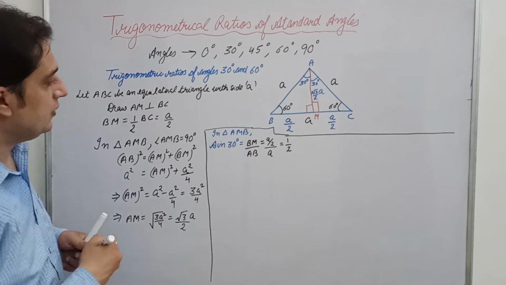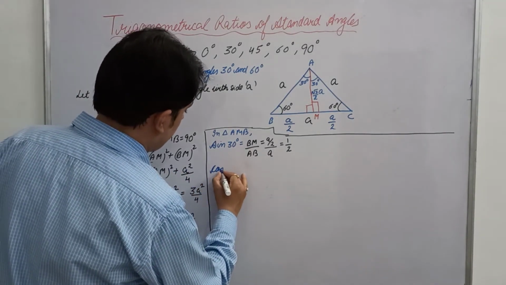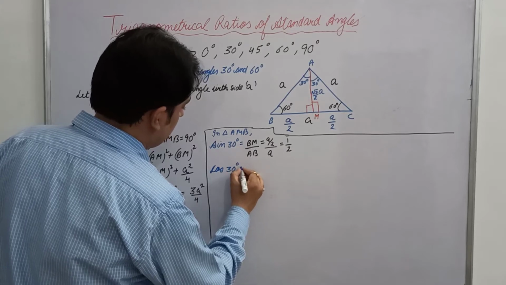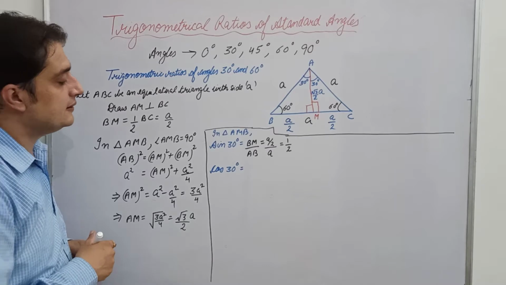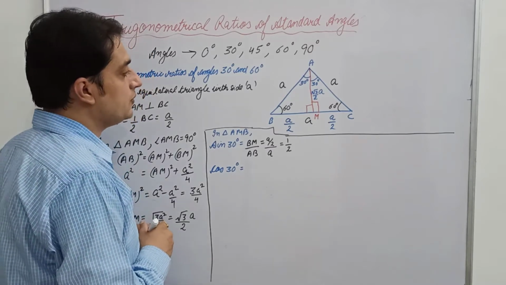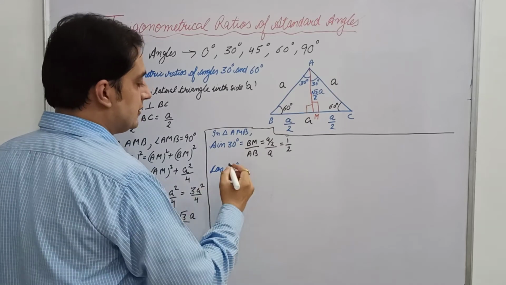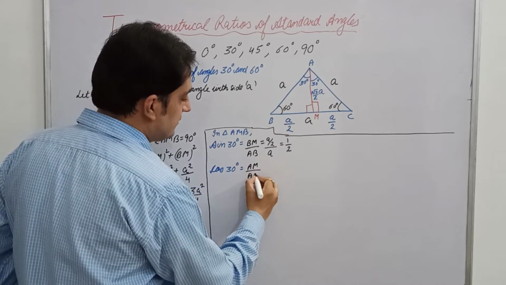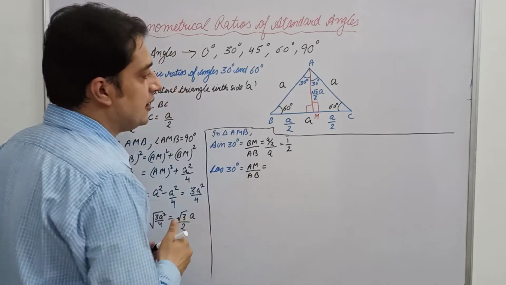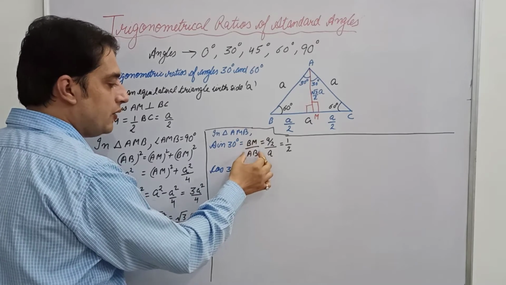And next is the value of cos 30 degree. It is a ratio between the lengths of base and hypotenuse. So for this angle 30 degree, AM is the base and AB is the longest side, that is the hypotenuse.